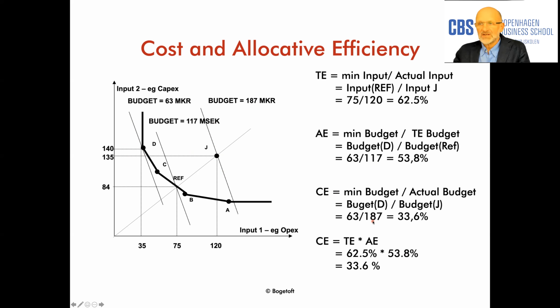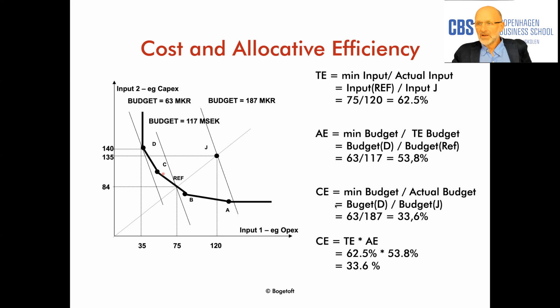So that's another measure of the amount of inefficiency that takes into account that you have both technical inefficiency, because you could move from here to the frontier, but you also have an allocative inefficiency, because you haven't chosen the right mix of the inputs when you take into account the relative prices of those inputs.